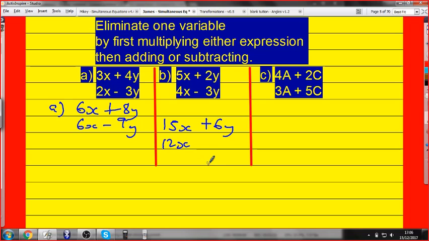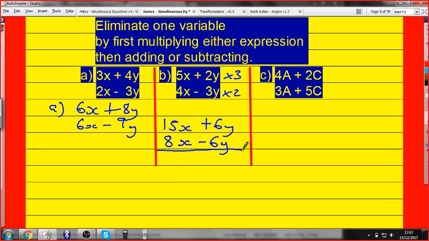Oh no, yeah, 12x minus, hold on. What are we multiplying the second one by? 2, sorry. So 4x take away 6y. You have to multiply everything by 2. Oh, yeah, 8x. That's it.